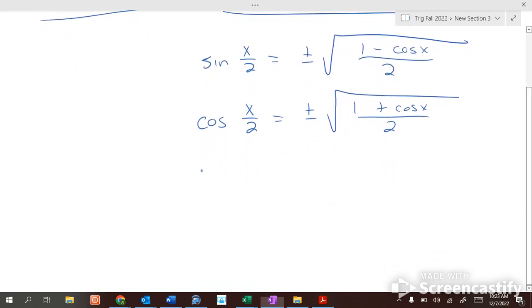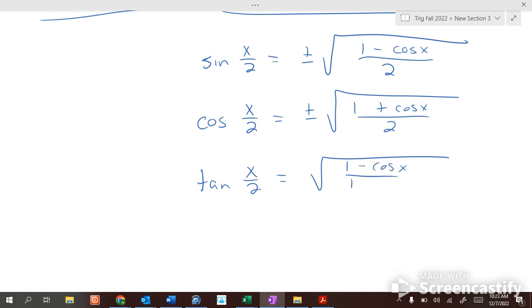And tangent has 3 of them. Tangent can be the sine over the cosine, which is plus or minus the square root of 1 minus cosine of x over 1 plus cosine of x. Or, I forgot the plus or minus in front. Or they can be ones without radicals, which I prefer.